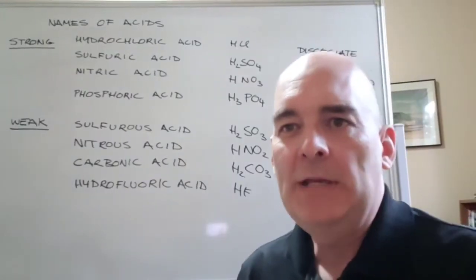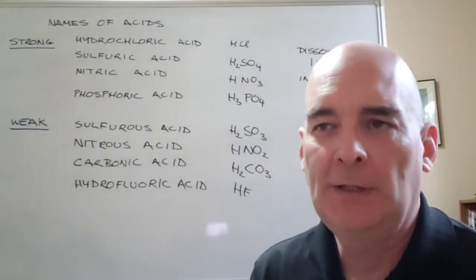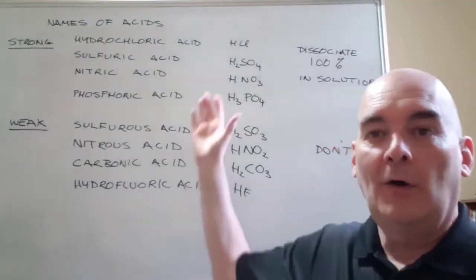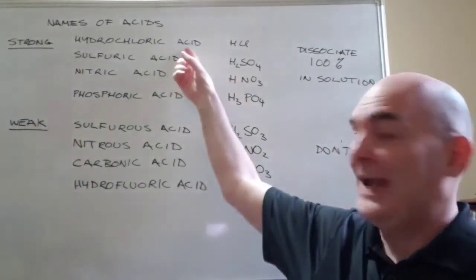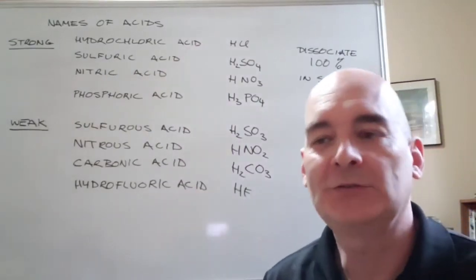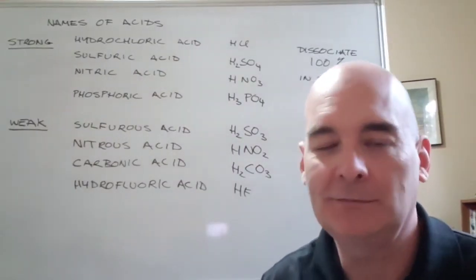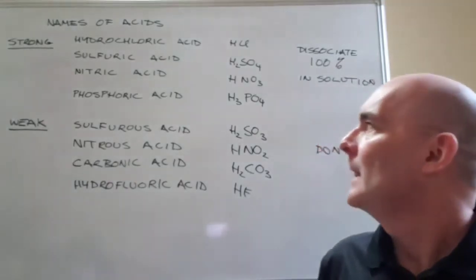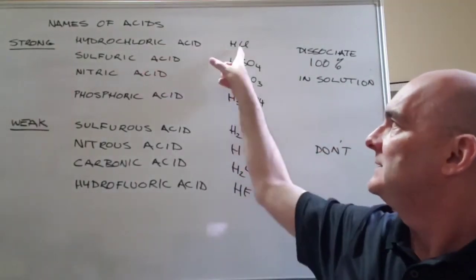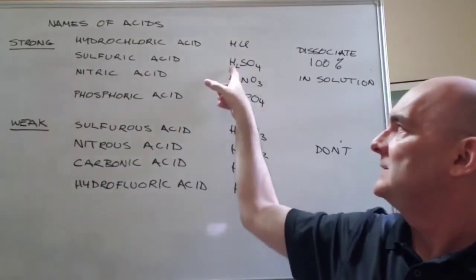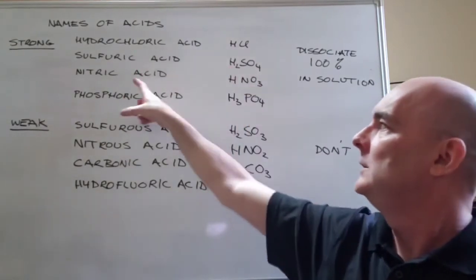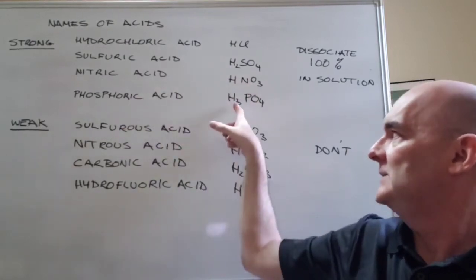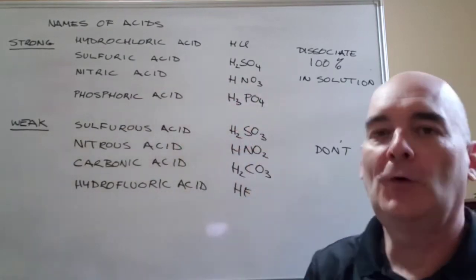Let's look at the names and chemical formula of some acids. Now, fortunately for us, all acids have the word acid in their name, so identifying whether something on paper is an acid or not is easy. Hydrochloric acid is HCl, sulfuric acid is H2SO4, nitric acid is HNO3, phosphoric acid is H3PO4.